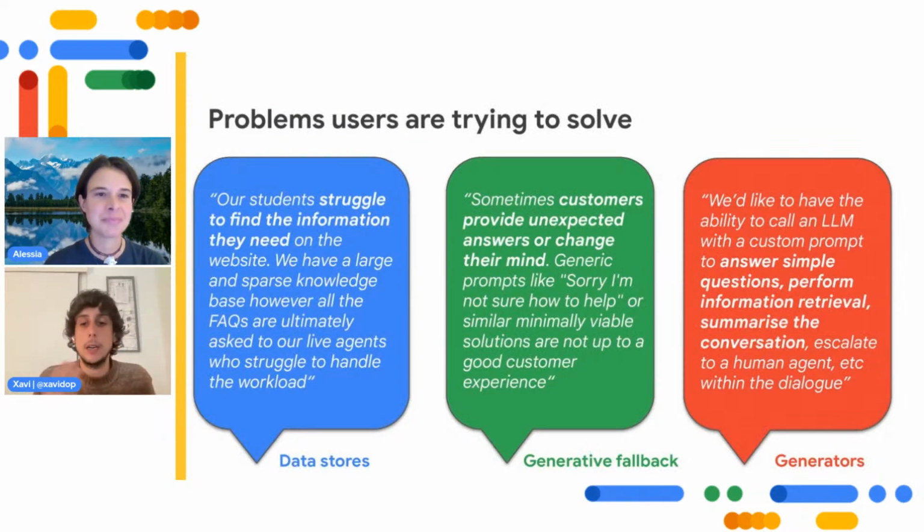If we start talking about the problems that users are trying to solve when they are using conversational AI, it's basically that, for example, a company wants to create a chatbot or an assistant, and the company has a lot of useful information, but at the end, they are getting a lot of live agent requests, basically a lot of manual interactions.